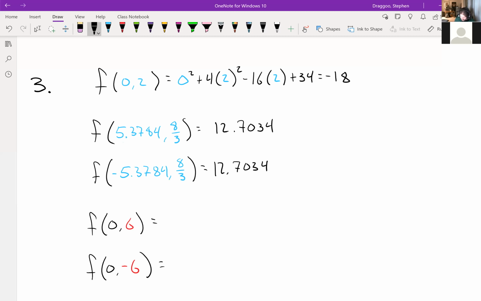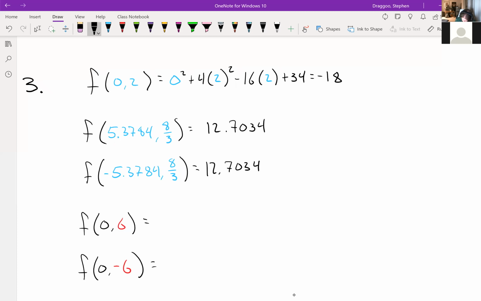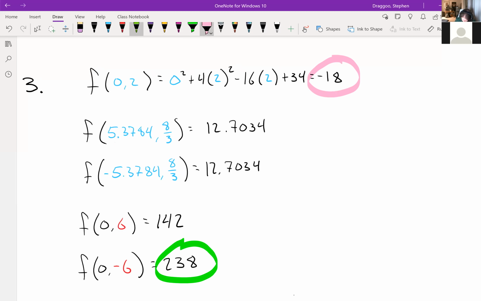And then I also needed to check my boundary values, where I got 142 for the top point, and I got 238 for the bottom point. So now all that's left to do is identify the maximum and the minimum, which are the largest and the smallest numbers.